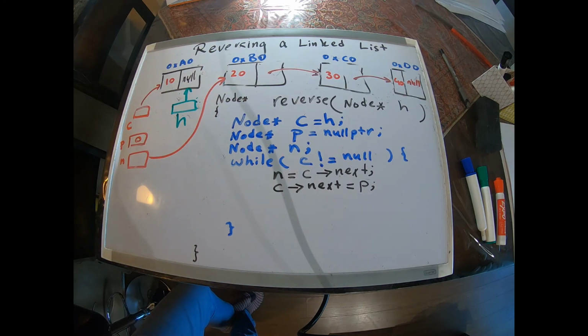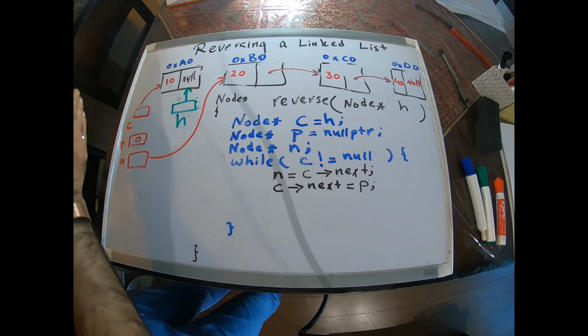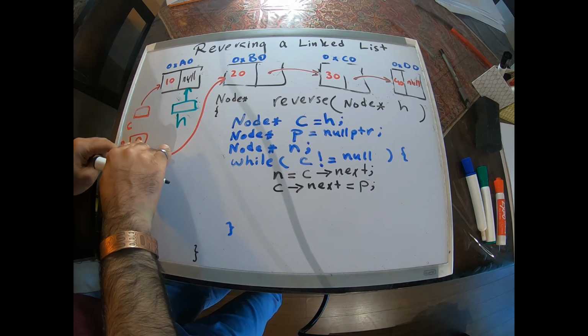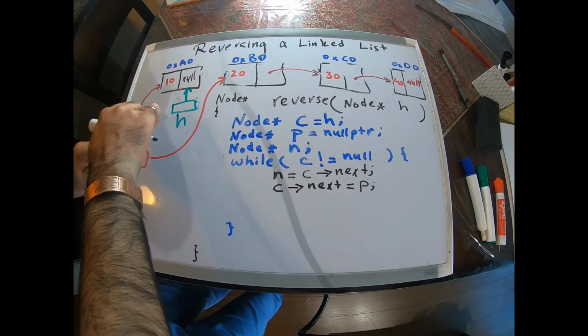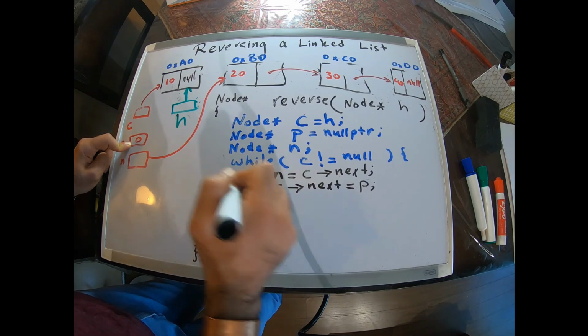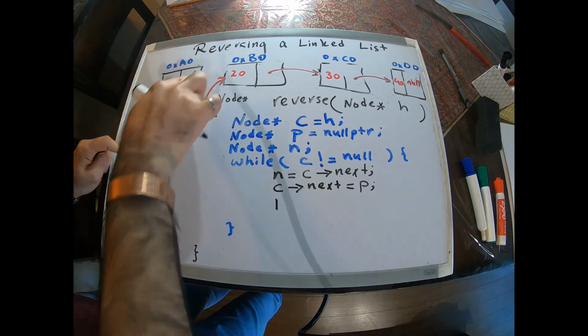Then what's the next step? Now I want to move these ones. My previous is gonna become this one and my current is gonna become this one. This is done. Whatever I wanted to do to this node is done, I don't need this anymore.